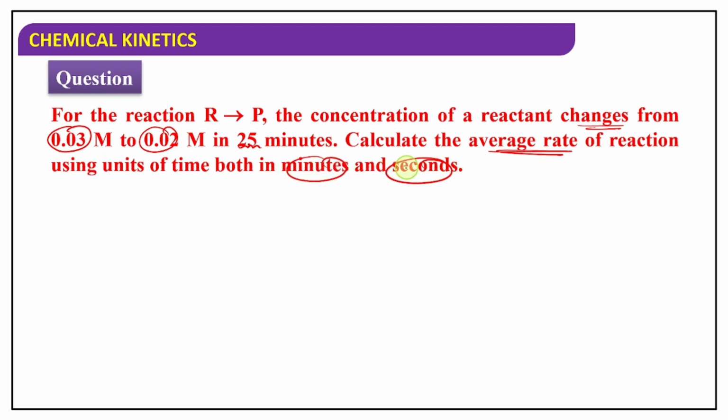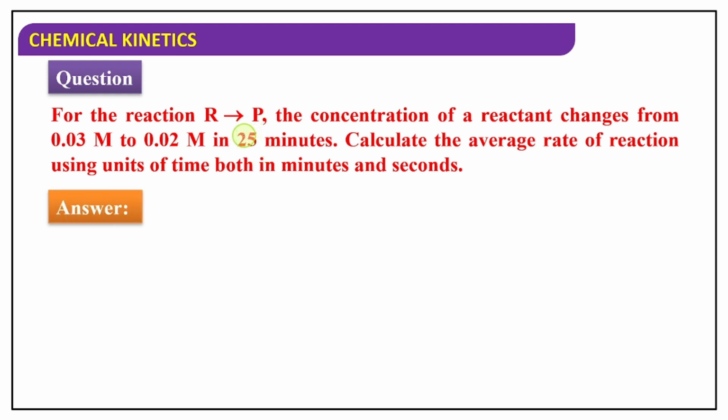So you need to express the time both in minutes and seconds. I hope you understand what the question meant. The initial concentration of the reactant is given to be 0.03. Now it gets converted to 0.02 molarity. For this change, it takes 25 minutes.